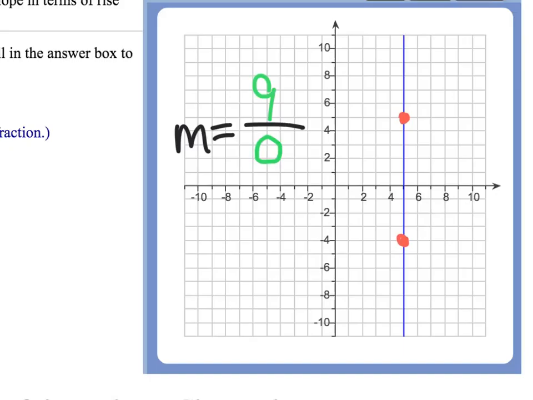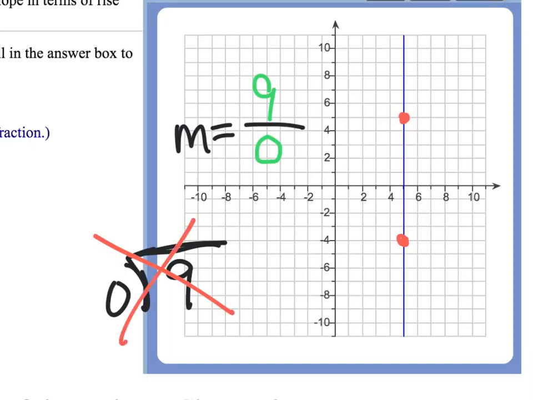Now, if you go back to 3rd grade or 4th grade division, anything divided by 0, you are not allowed to do. You are never, ever allowed to do 9 divided by 0. That is undefined. It's not like the answer is 0.